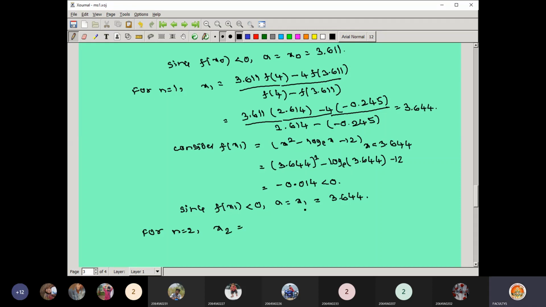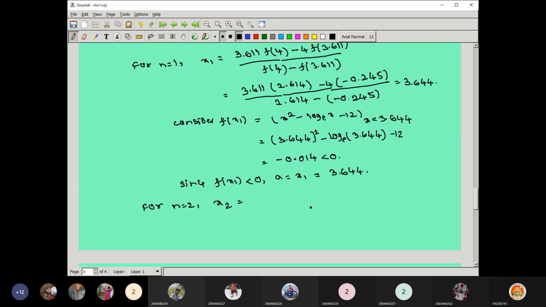So can you find out the answer for this? Tell me what x2 comes. Same, write what the a value is and what the b value is. The procedure is the same. What is the answer you got?